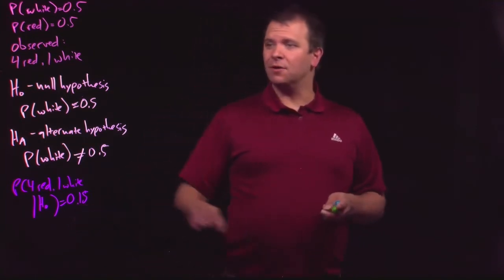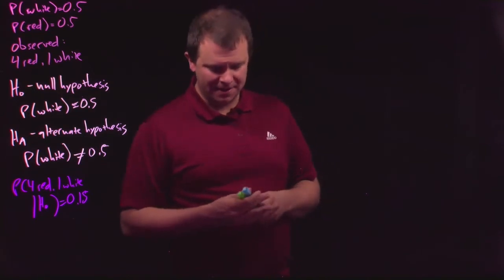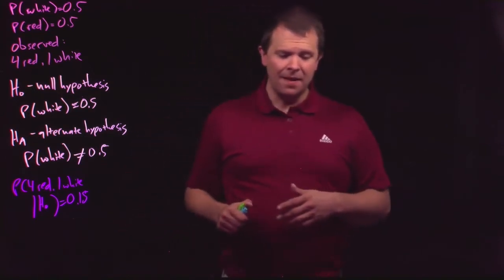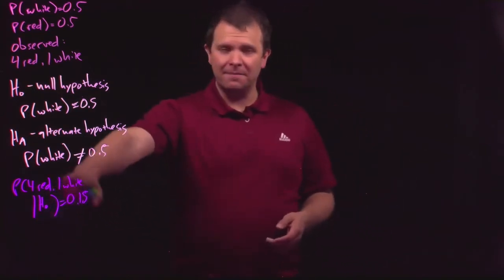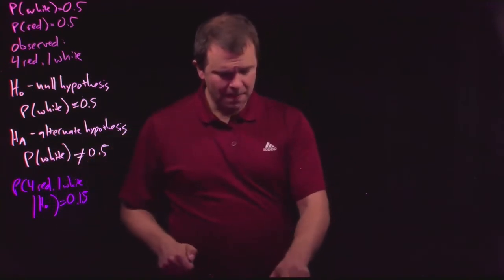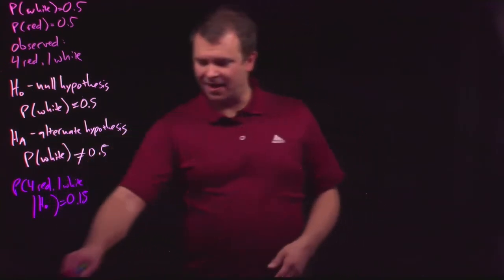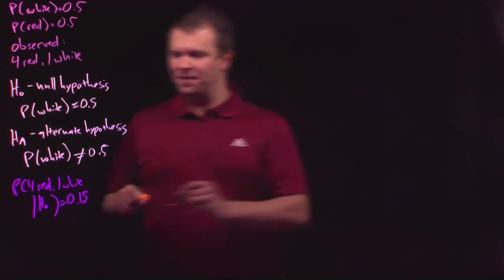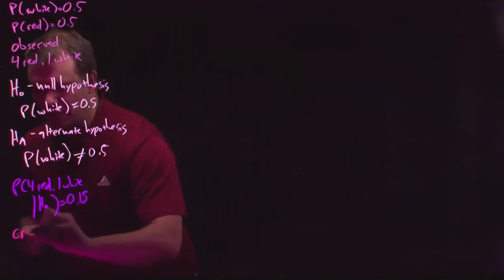Let's say that we're going to reject the null hypothesis if we see an outcome that's at least this extreme only 5% of the time or less. And we'll call this 5% the critical value.